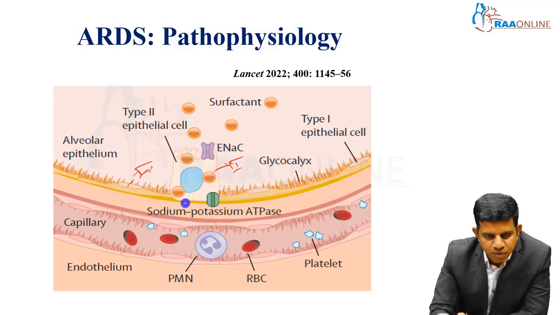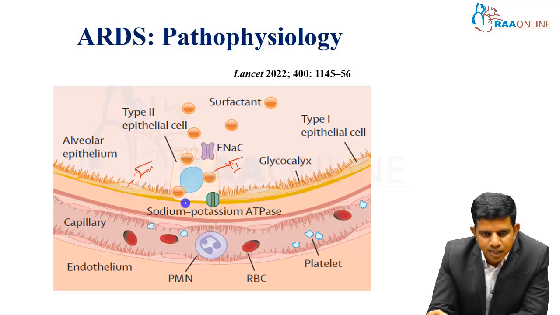What are the functions of the normal alveolar epithelium? First, production of surfactant. Second, it is covered by anticoagulant to prevent fibrin formation within the alveoli. Third, the alveoli have pumps, and these pumps keep the alveoli dry.